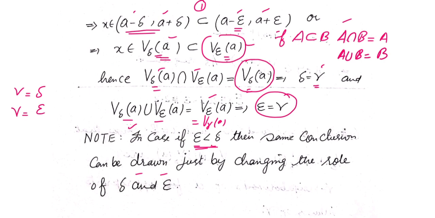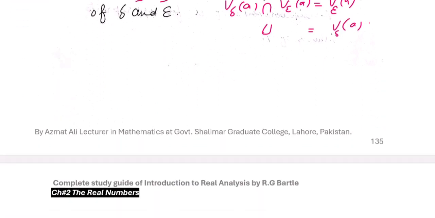In case epsilon is less than delta, then their intersection will be equal to the neighborhood of a at the smaller number. What is the smaller number? The smaller number is now epsilon here. And in the case of their union, this is equal to the neighborhood of a at the larger number, that is delta here. And this completes question number 16.